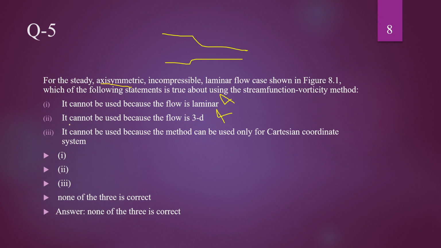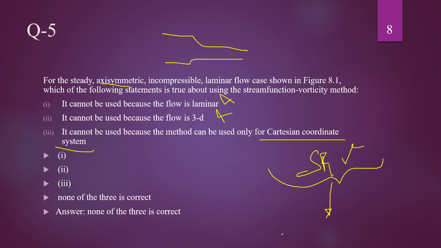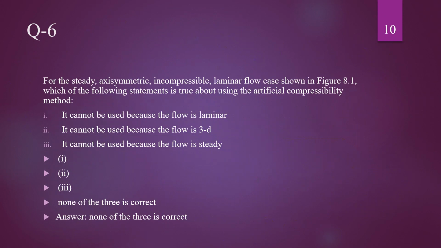In general, it cannot be used for flow in 3D is the true statement, but since it is given for axisymmetric flow, we can neglect one. And it cannot be used because the method can be used for Cartesian coordinate system is also false. For the Cartesian coordinate system, stream function and vorticity are given easily. For other coordinate systems, it should be derived and the solution would become complex. That's it. Now we'll move on to the next question.